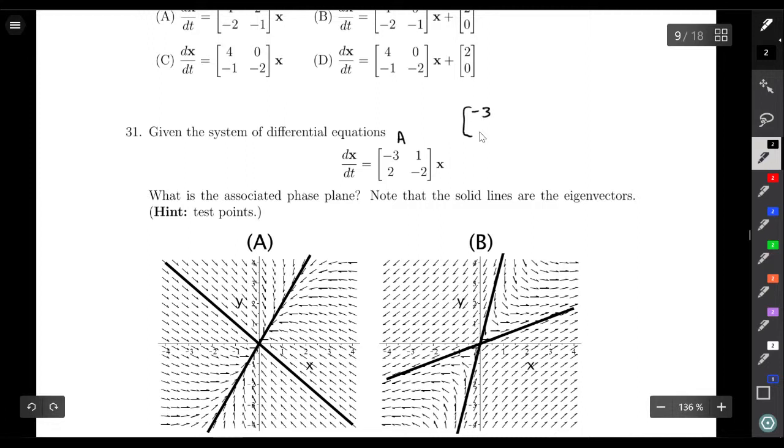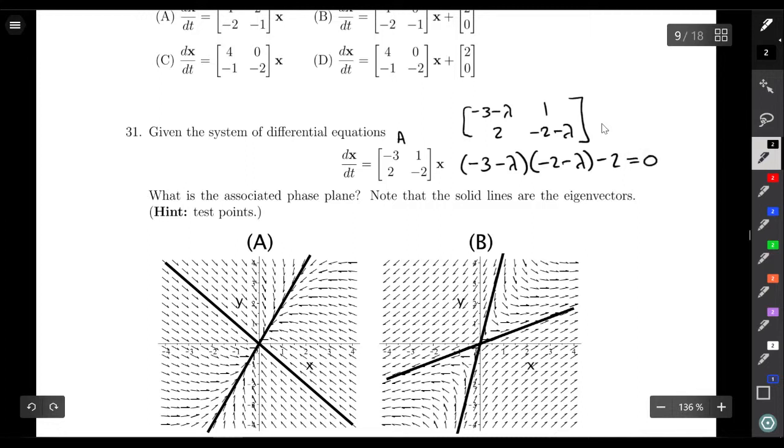So (-3 minus lambda, 1; 2, -2 minus lambda). Find the eigenvalues. So it's (-3 minus lambda)(-2 minus lambda) minus 2. Don't forget this is a minus. Minus 2 is equal to 0.